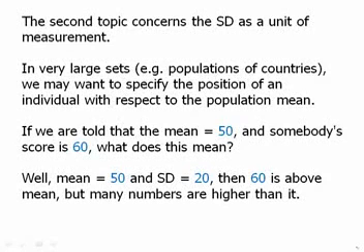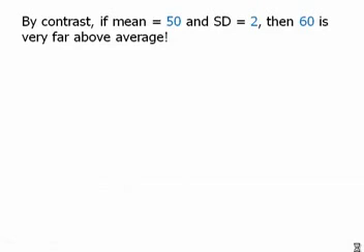So we'd expect scores of 70 and 80. So 60, yeah, it's above the mean, but it's not among the highest scores. And so it's kind of on the good side of average rather than being a super impressive score in this particular set. Notice what happens if we change the standard deviation, though.